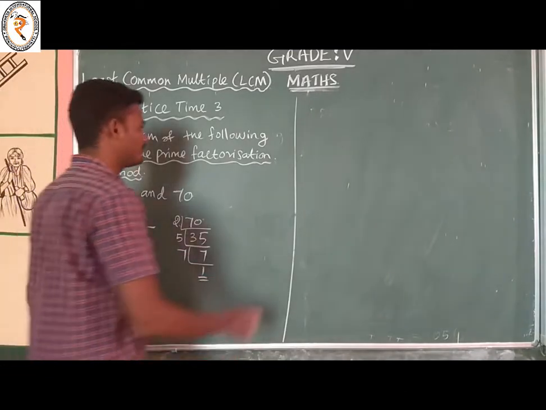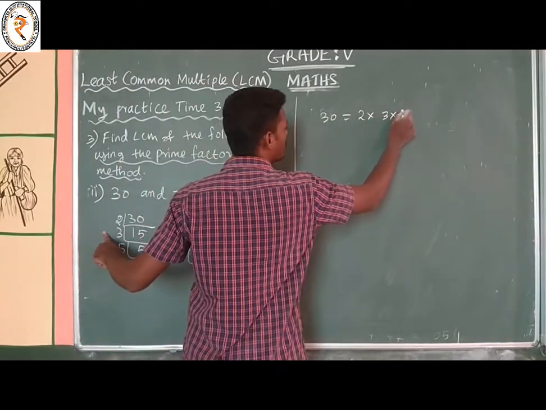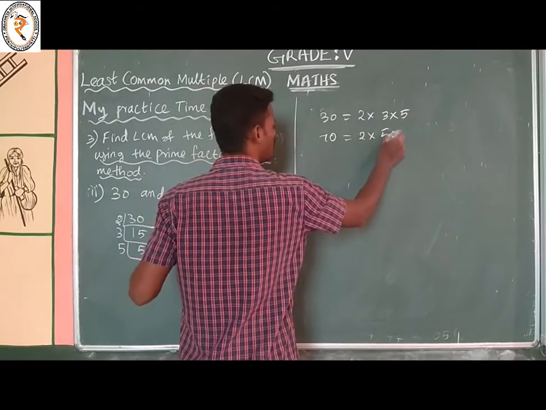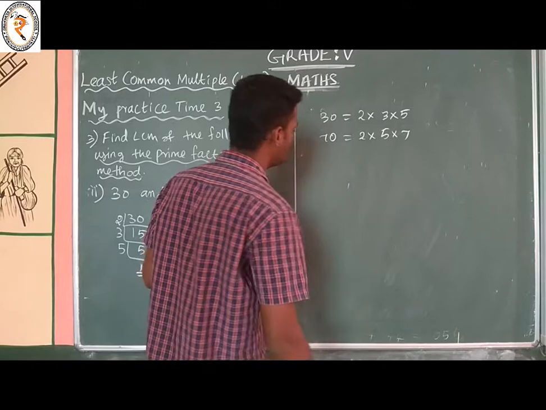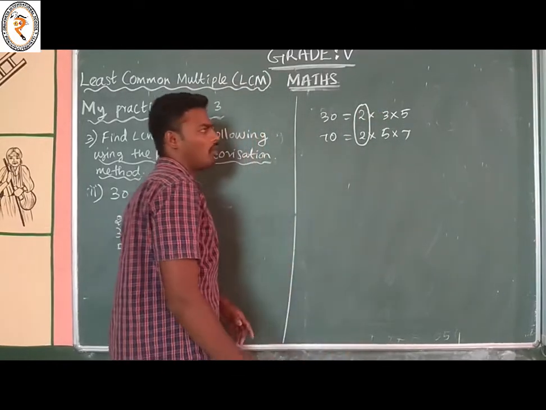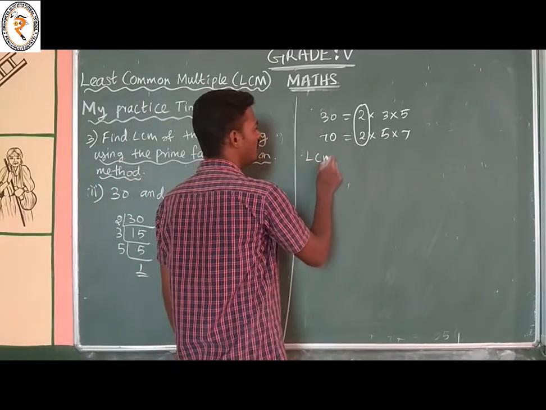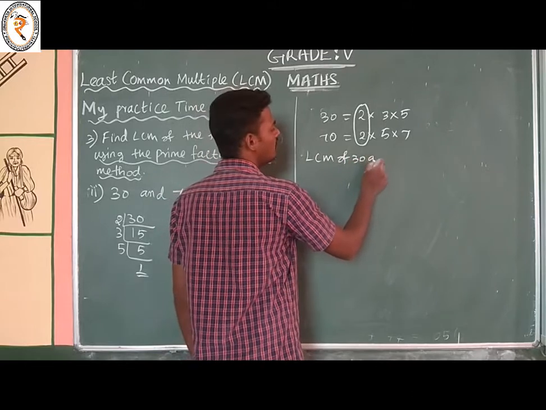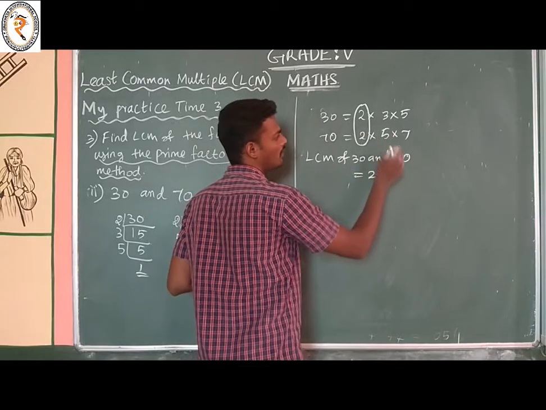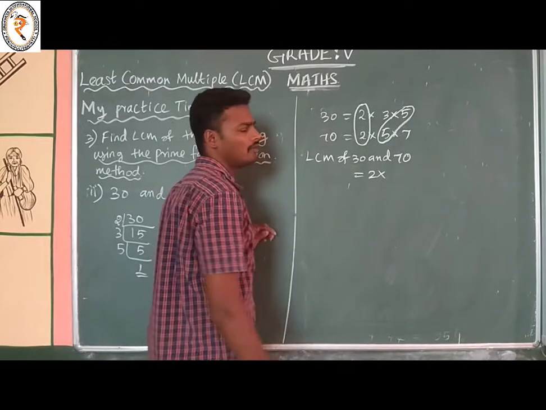For the LCM, we can write 30 is equal to 2 into 3 into 5. And 70 we can write as 2 into 5 into 7. Then form the common numbers. One number is common, that number is 2. The other common number is 5.